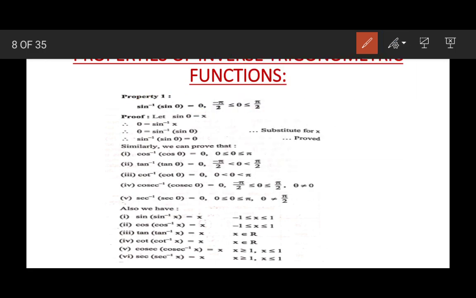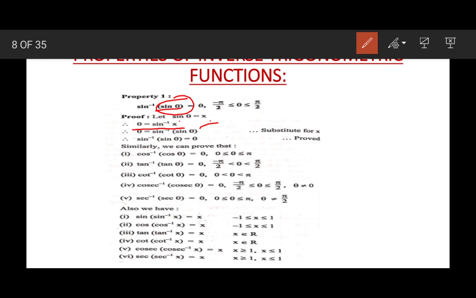So now let's see the proof. For the proof of this property, let us consider sin theta is equal to x. That means theta is equal to sin inverse x, from the definition of inverse trigonometric function.